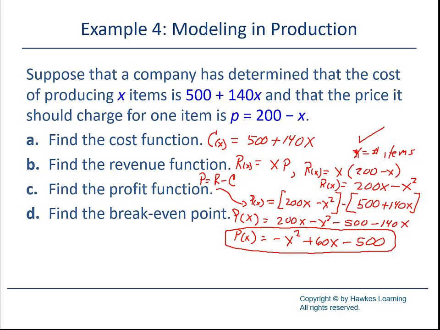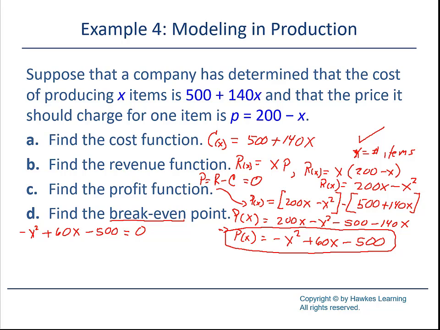Part D says, where's the break-even point? The break-even point is where the revenue equals the cost, or the break-even point is where the profit is 0. So if I take this profit function and set it equal to 0, I have minus x squared plus 60x minus 500 equals 0.